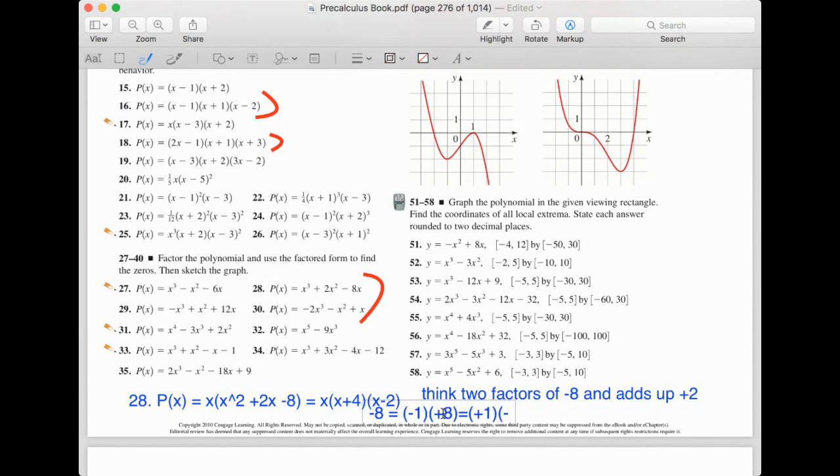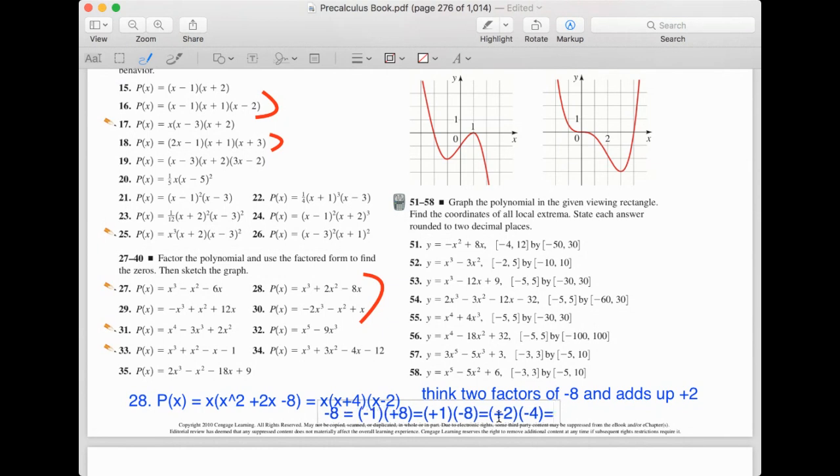But none of them, when we add those two factors, give +2. We'd get +7 or -7. So then we can think about +2 times -4, right?